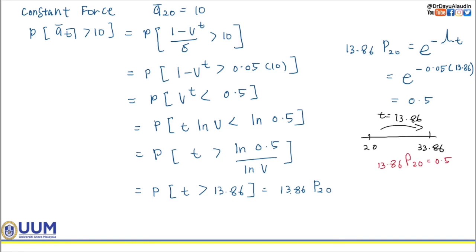So it means that from age 20 to 33.86, where T equals 13.86, the probability of survival is equal to 0.5.